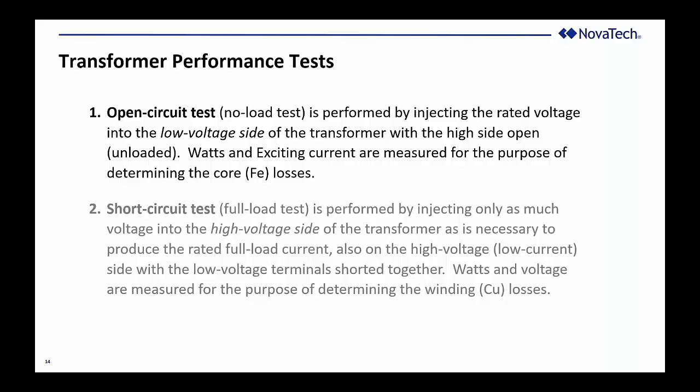He can inject it into the low side with the terminals of the high side open, and the amount of current passing through the windings from that injected voltage gives you some idea of the iron losses, the core losses of the transformer. I'll talk a little more about the short circuit test after we examine the detail of the no-load test.